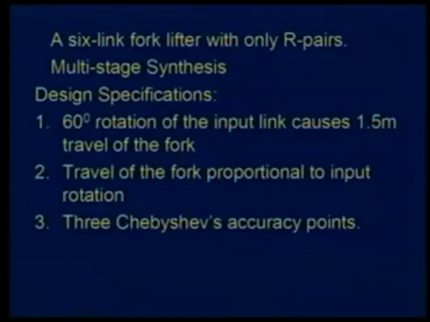The 3 Chebyshev accuracy points in this interval from BI to BF can be determined, as we know, both analytically and graphically. First of all, let me determine these 3 accuracy points B1, B2, B3 analytically.